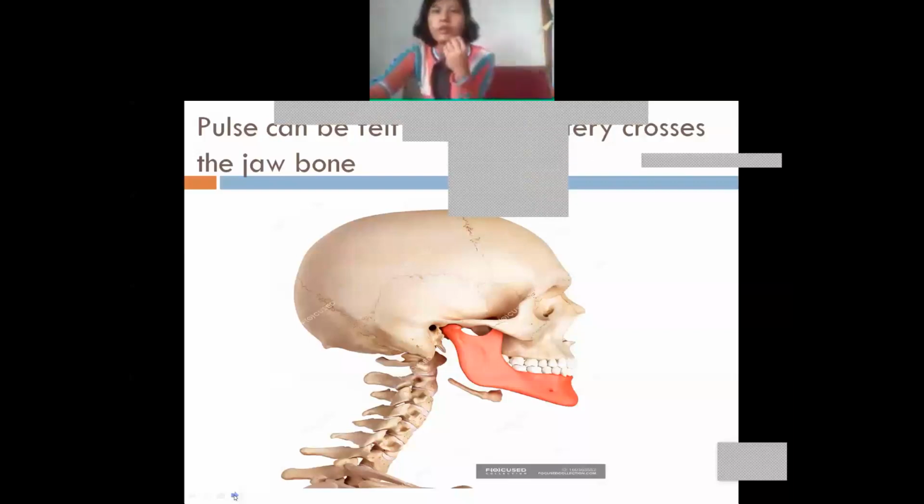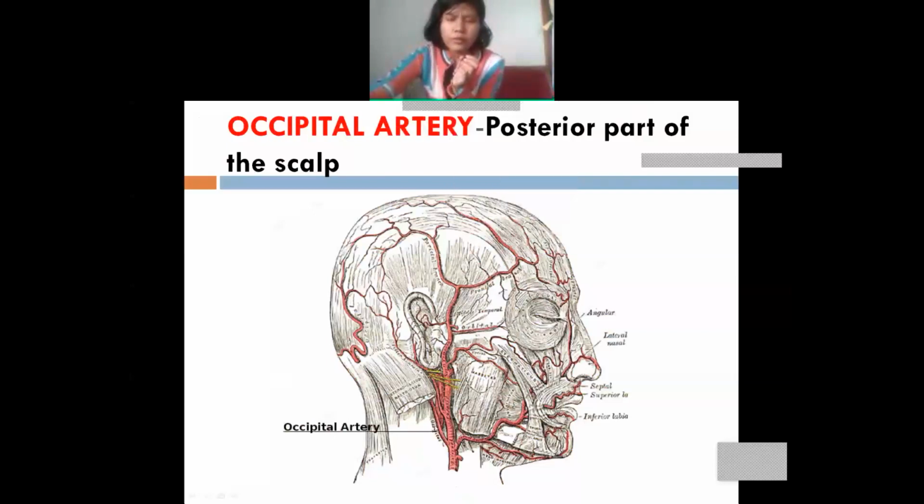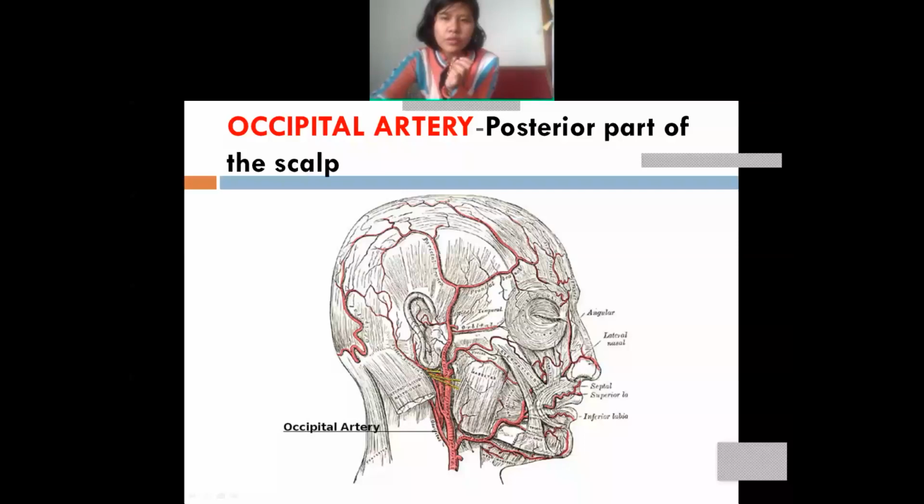Next is occipital artery. So this is the occipital artery, this portion. So this occipital artery, they supply blood to where? They supply blood to the posterior part of the scalp. Posterior means what? Back, right? So it will supply blood to here, this posterior side. Posterior part of the scalp.